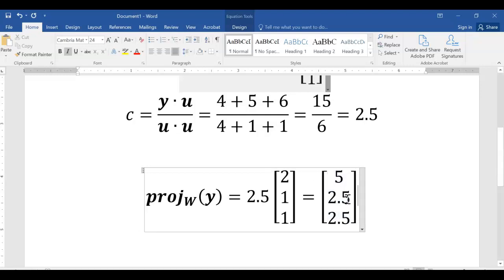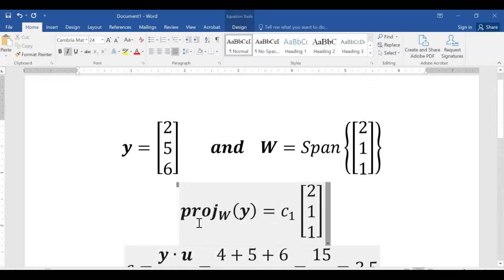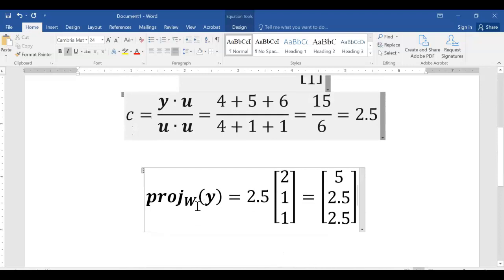So there we go. That's the projection of y onto W. And really that is just a projection of y onto the basis elements of W, so long as W has an orthogonal basis.